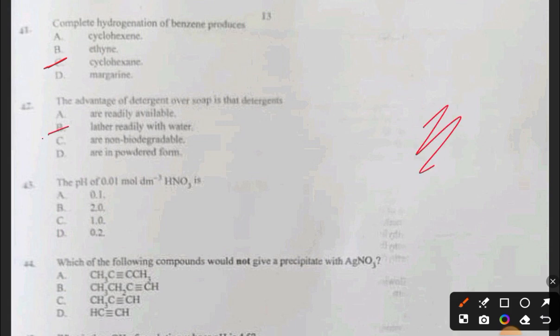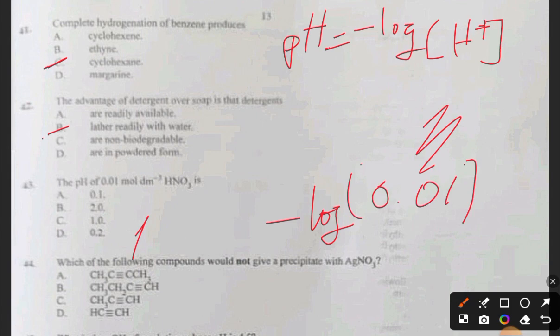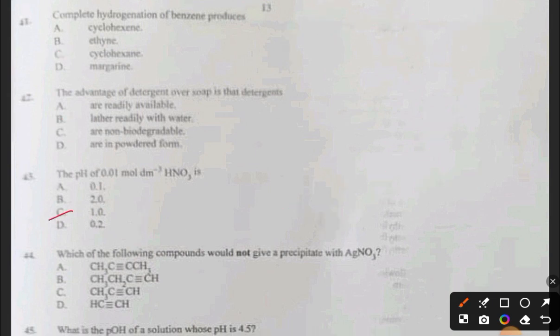43. So the pH of 0.01 mole per dm cube HNO3 is pH equals negative log of H plus. So we are going to have negative log of 0.01. So our answer is 2.0. 44.